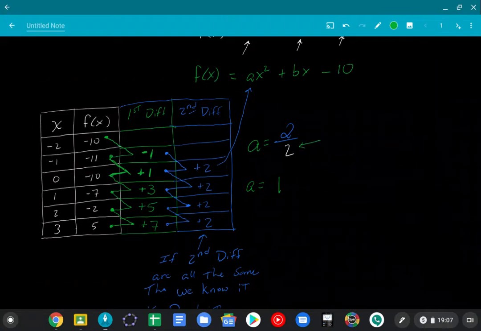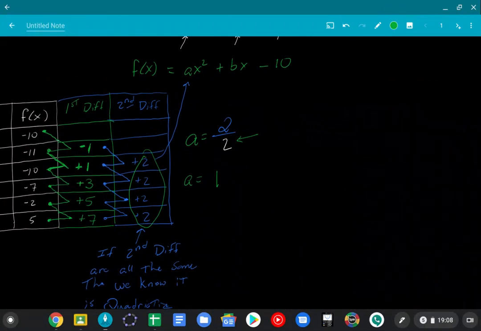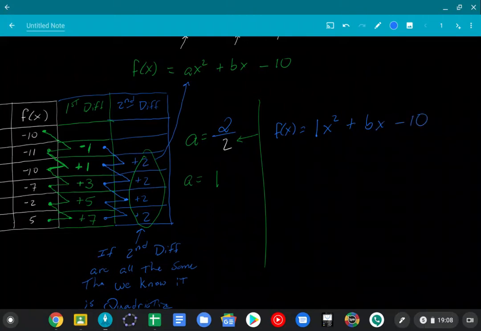It's always divided by 2. Always, always, always take whatever number is right here and you divide it by 2 and you get A. So let's recap here for a second. Now our formula looks like this. F of x is equal to 1 x squared plus bx minus 10. So all we're missing is b.